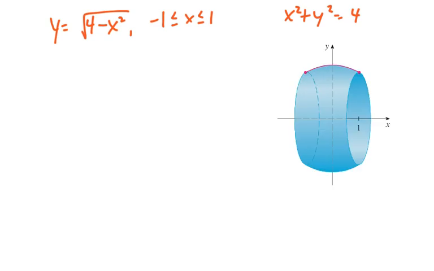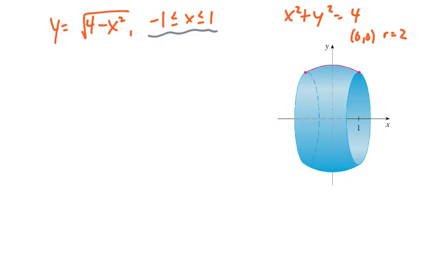We have a circle centered at 0, 0 with a radius of 2, and we bound it between negative 1 and 1 and rotate it around the x-axis. This is the figure we come up with. The question is, find the area of the surface obtained by rotating this arc about the x-axis.